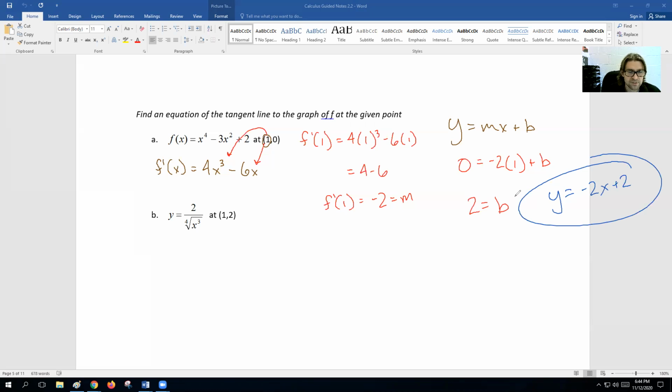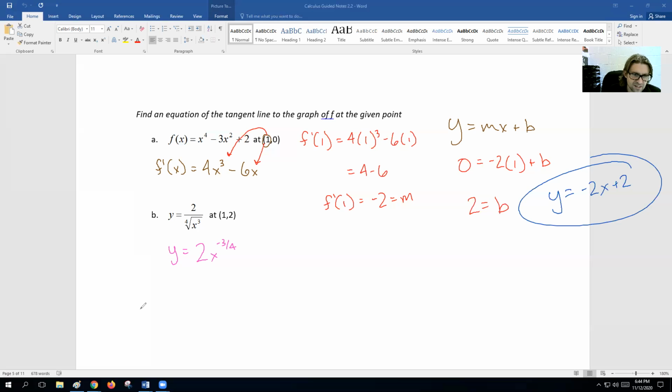Okay. Now, since we can do it super quick, we can even do it super quick with even more difficult problems. So if I got 2 over the fourth root of x cubed, so that's 2x to the negative 3/4 power. All right, so, think about the difficulty that we'd have to find a common factor and a conjugate and all that other mess to figure out what this one would be.